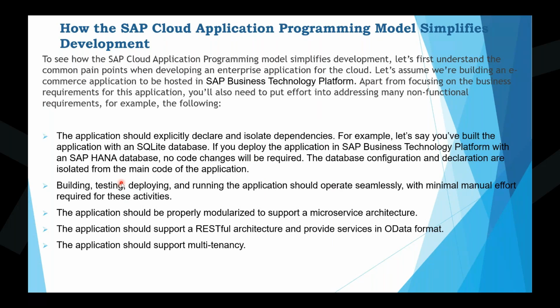Building, testing, deploying, and running the application should operate seamlessly with minimal manual effort, because it follows microservice architecture, and the application supports the RESTful architecture, which gives OData format. The application also supports multi-tenancy. Is it clear? That is the reason it simplifies our development very easily. Any questions here?